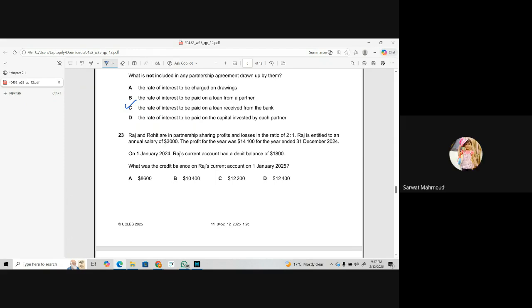Can you do it? Okay, because you are taking time, that's why. So basically, we need to find out the credit balance of Raj's current account on 1st January 2025. First of all, we need to calculate his share of profit, and we will add any entitlement while adjusting for the opening balance.